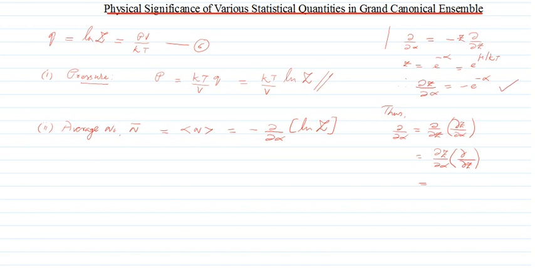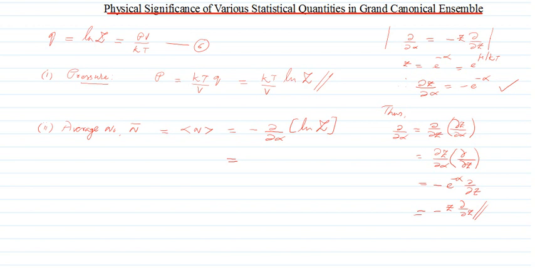That is equal to minus e raised to minus alpha into dou by dou Z. And minus e raised to minus alpha is Z. So that is equal to minus Z into dou by dou Z. That is the identity we have used here. So dou by dou alpha can be written as minus Z dou by dou Z. Rewriting this, minus dou by dou alpha will be equal to simply Z into dou by dou Z.